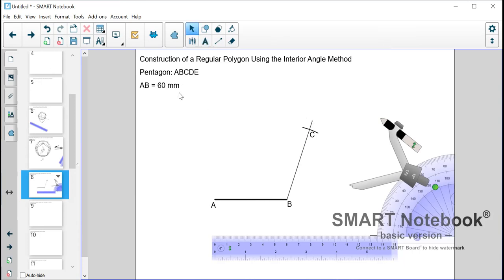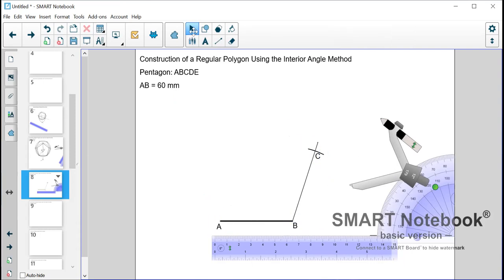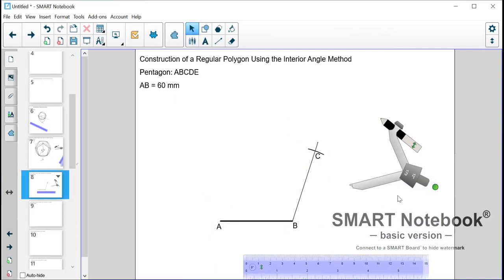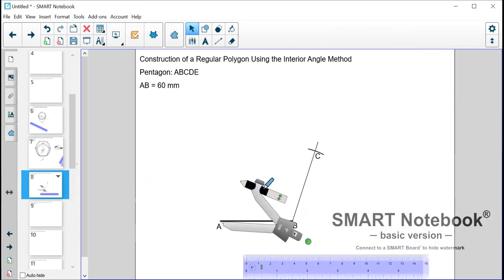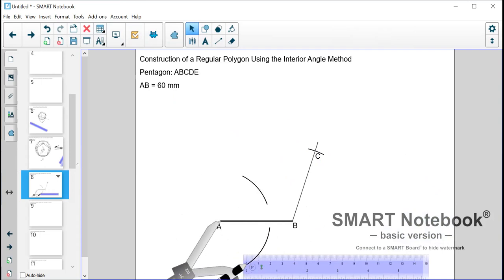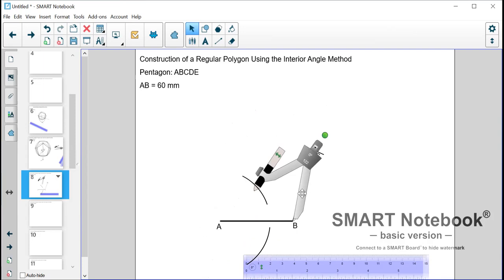Good. Now, what we do next is bisect the two sides that we have here, starting with AB. So we bisect AB, and then we bisect BC.